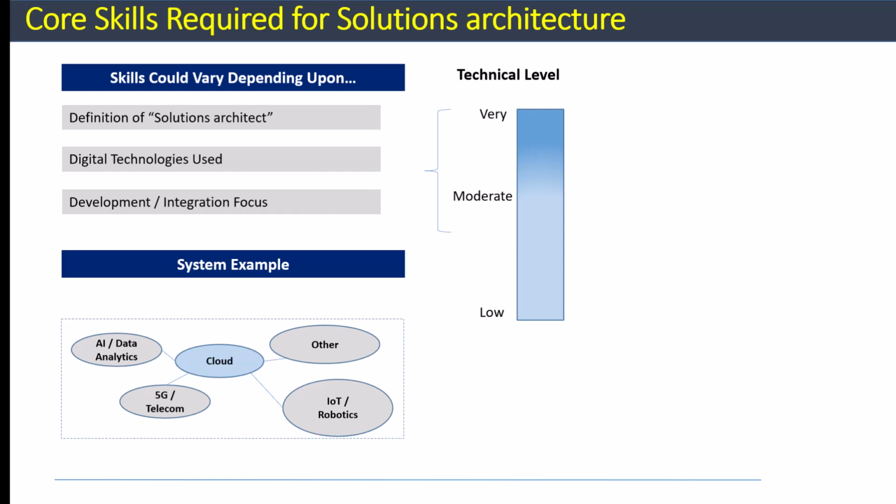However, if the project is heavy on one specific area, such as analytics, 5G, or IoT, then the solutions architect may be required to have more skills and knowledge in that specific technology. So the bottom line is that the skills one requires and the depth of those skills depend on these factors. If we have to summarize the technical skills that are expected from a solutions architect, we can state the following.